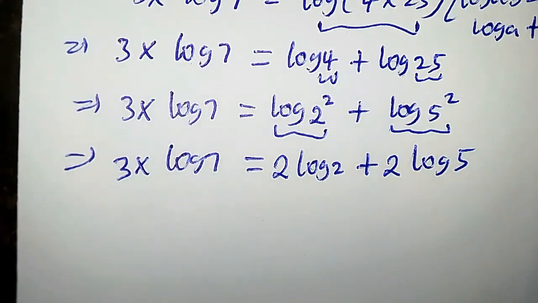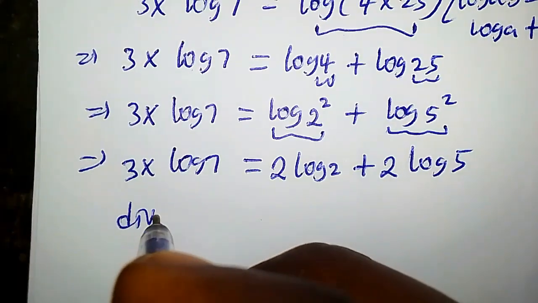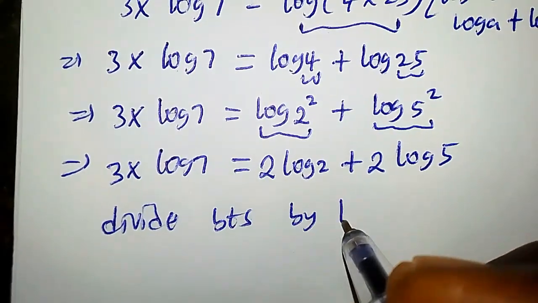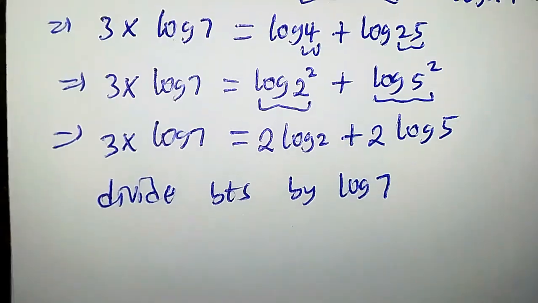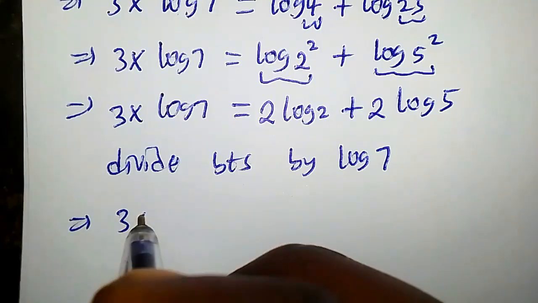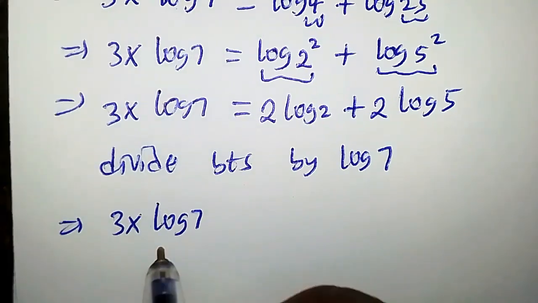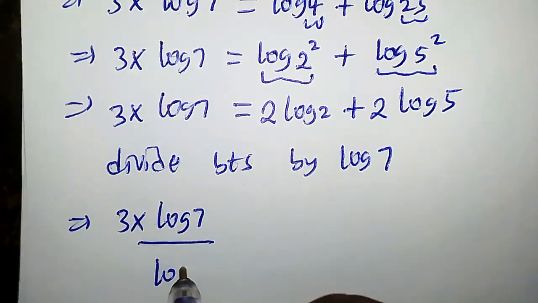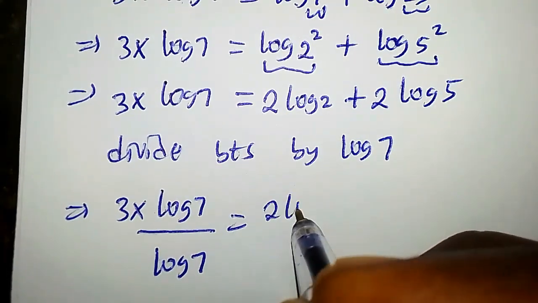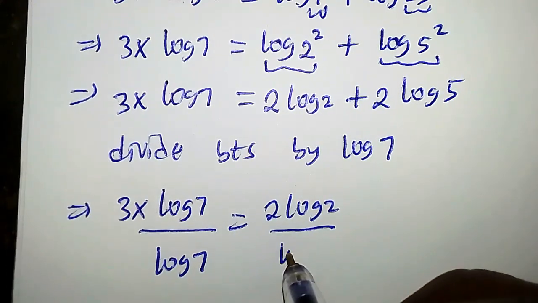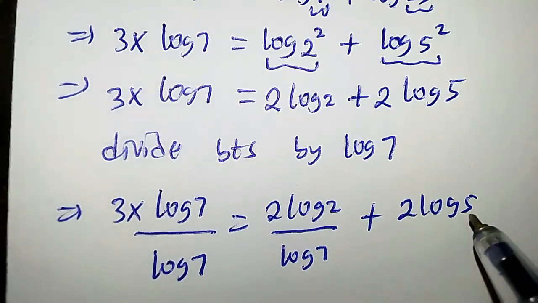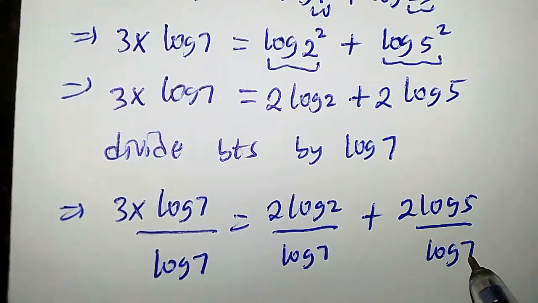Let's continue. Now, divide both sides by log 7. So let us do that. This implies that 3x times log 7 divided by log 7 is equal to 2 times log 2 divided by log 7 plus 2 times log 5 divided by log 7.